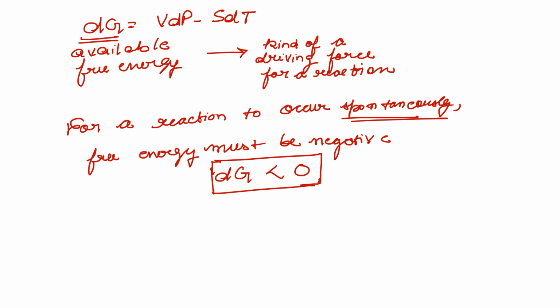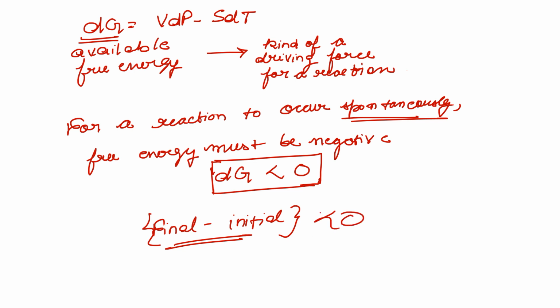That's how we have a lower value of free energy at the end, and that is the reason if we take the difference, and whenever we say dG, or difference, in thermodynamics we always take the final minus initial state, right? If this is negative, that means I am ending up with a lower value than what I started with.